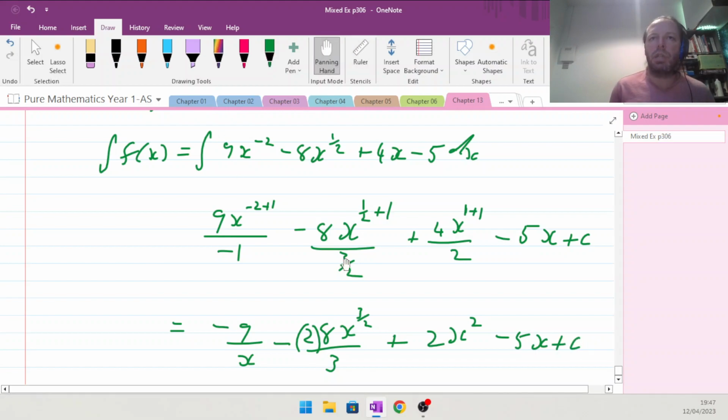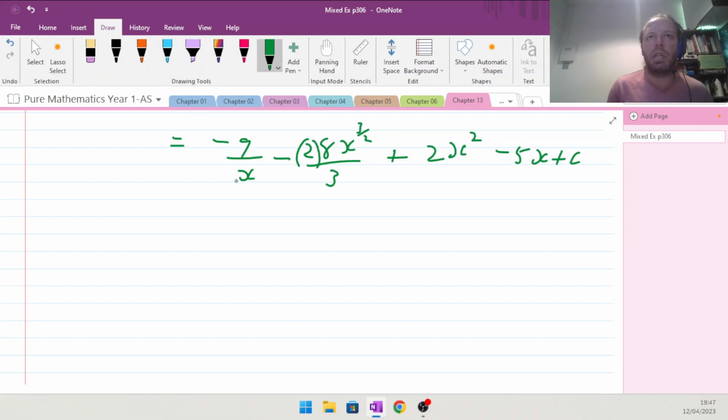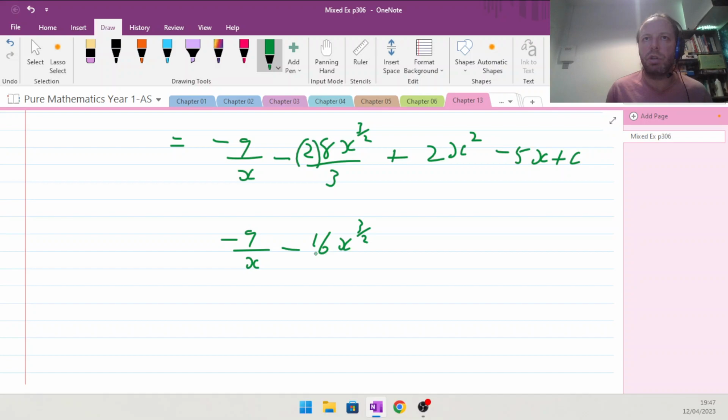Just that one last term to finish tidying up here, then, minus 9 over x minus 16x to the 3 over 2 over 3 plus 2x squared minus 5x plus c. Okay. Next one then.